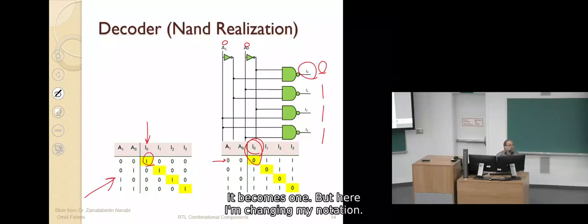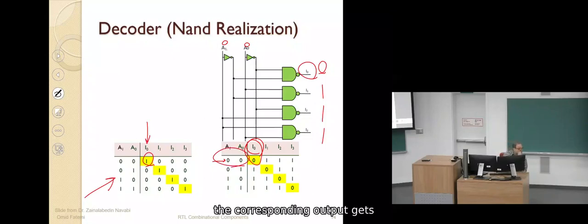But here, I am changing my notation. I am building a decoder. When you put a binary number as the input, the corresponding output gets 0, and the rest become 1, which means not active.